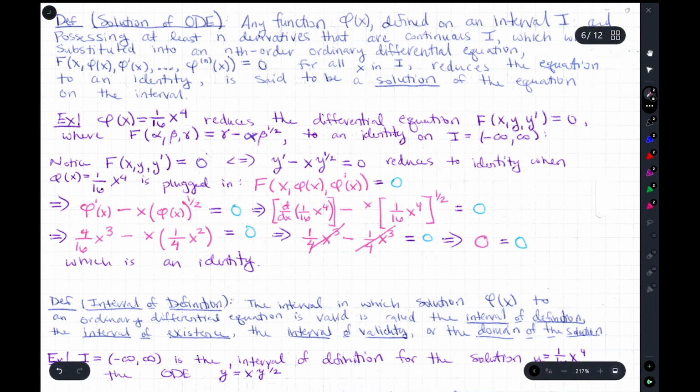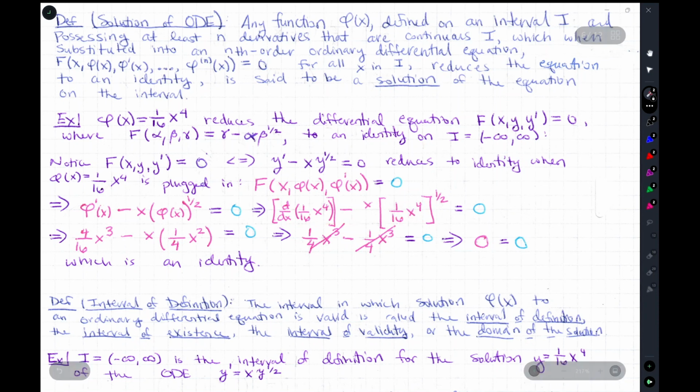It becomes this when I symbolically plug in phi prime and x wherever I saw alpha, beta, gamma here, and make that substitution. I still have that equation. And I now substitute in phi of x, and I have this expression here.